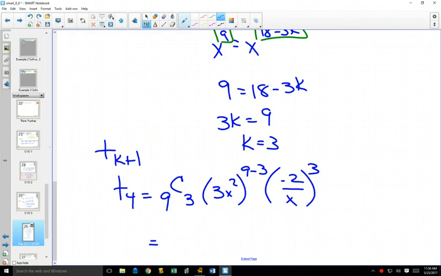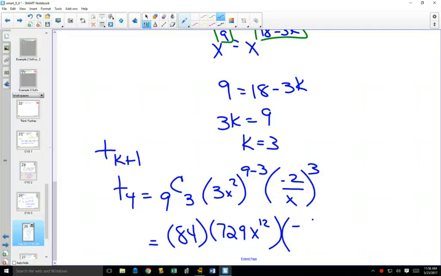So now we go to our calculator and we go 9 choose 3, and that's 84. So again, figure out each of these things separately. 3 to the power of 6 is 729. x to the 12.